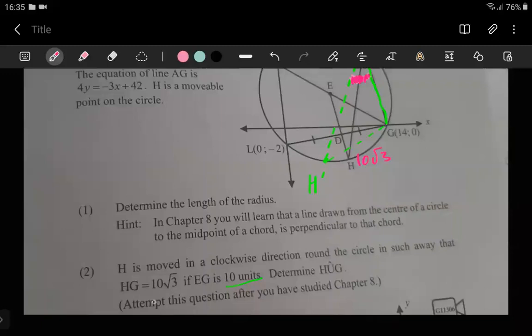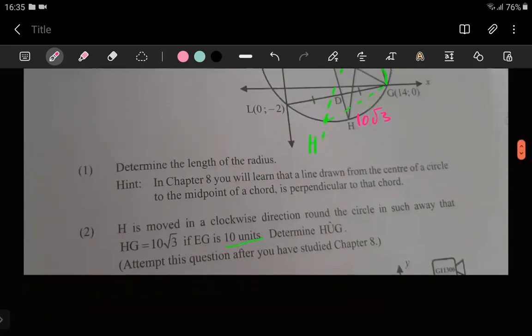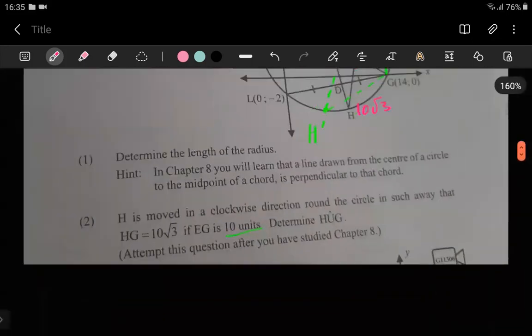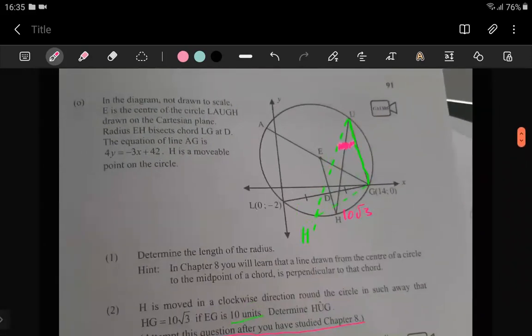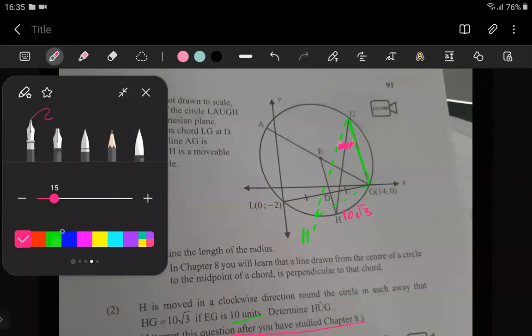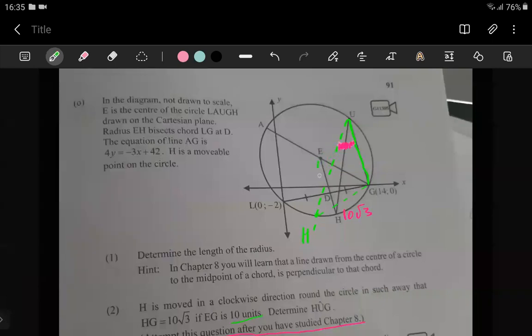The other thing is they say you attempt this question after you've studied chapter 8. Wait, what chapter is Euclidean geometry in this book? What is chapter 8? Oh, I don't like chapter 8. Don't worry, it is friendly once you learn it. It's Euclidean geometry.